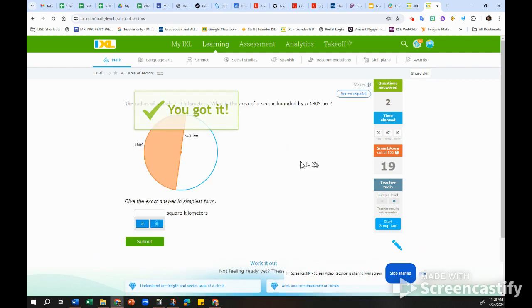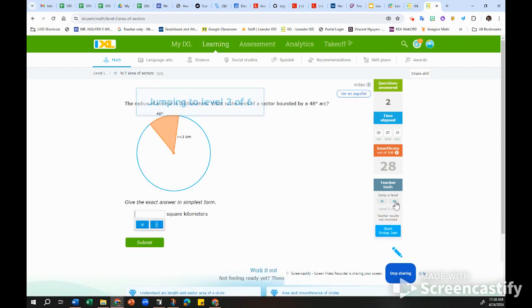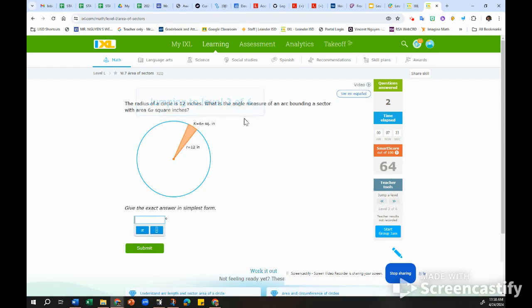Enter. All right, I'm going to skip around to the problem where you have to solve to find the angle or the arc. So let's jump levels. This one's still asking for area. This one is asking for the angle. So in this problem, we're looking for the actual angle.